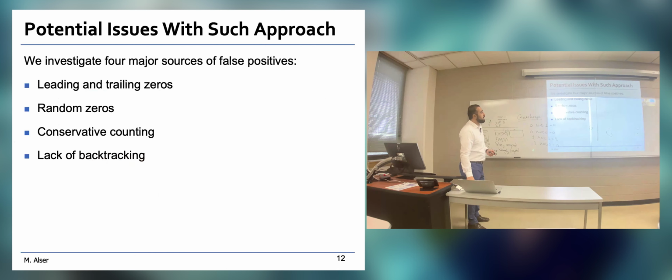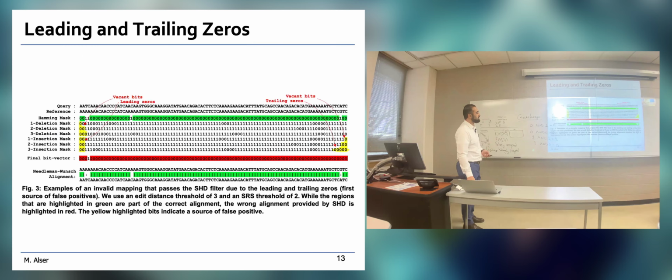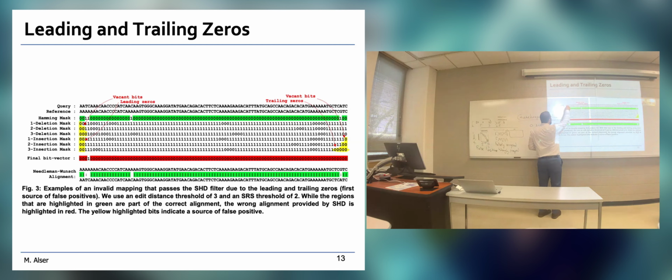Now we have some challenges in doing so. If we want to do an AND operation between all those masks, we have 4 issues. The first one: since we do the shift over here, we compare A and A as the first character, but we don't have anything here to be compared with.